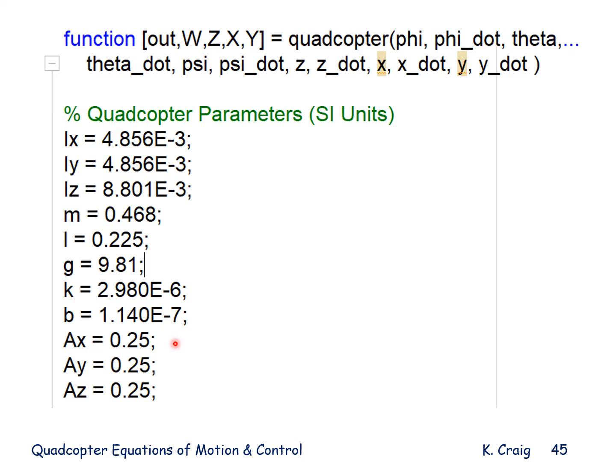These are forces that are proportional to the speed of the quadcopter in the x, y, and z directions, and so represent what we call viscous drag, or drag proportional in a linear way to the velocities, x dot, y dot, and z dot.